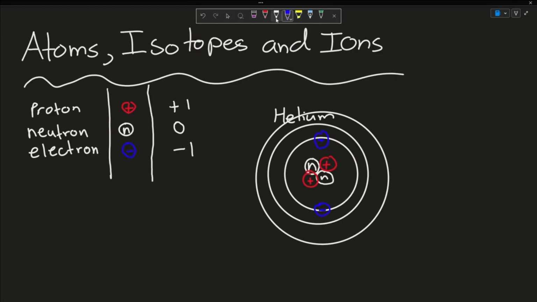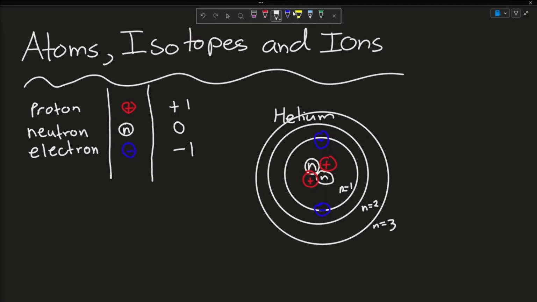We can explore later why they occur in the first level, but for now we represent the levels with n. So we have n equals 1, n equals 2, and n equals 3. So these 3 circles represent each distinct energy level. For helium, we have 2 electrons that exist in the first one.